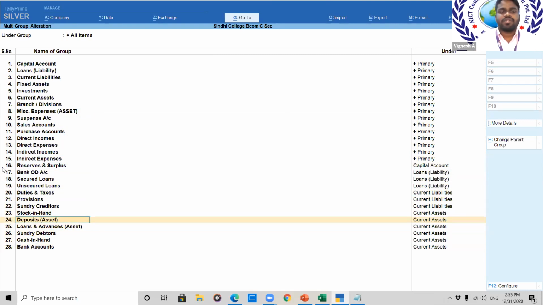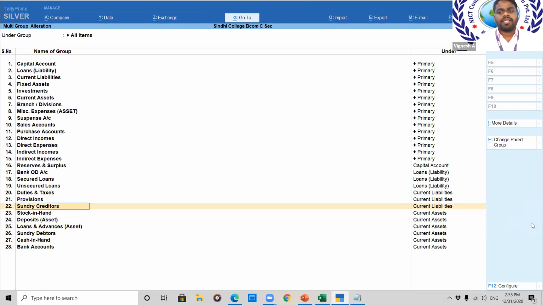In the sense, as I told you, you can see sundry debtors here. It is a subgroup of current assets. So current assets is a primary group. You can see there is a sixth primary group here, and sundry debtors is a subgroup of current assets. And you can see stock in hand, deposits, bank accounts, cash in hand, cash at bank, all are under your current assets.